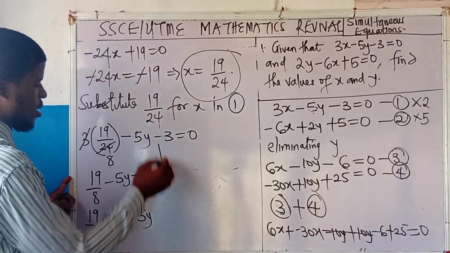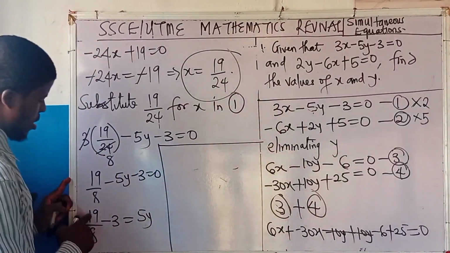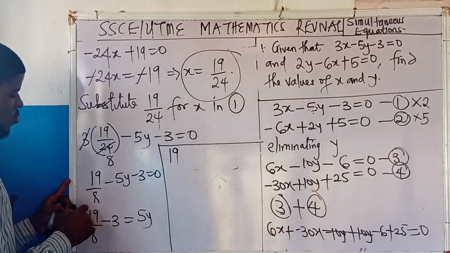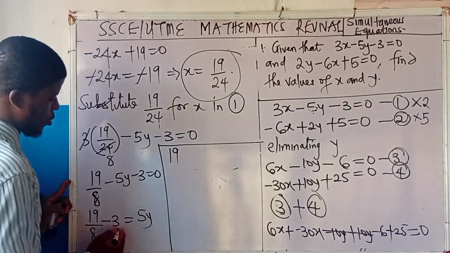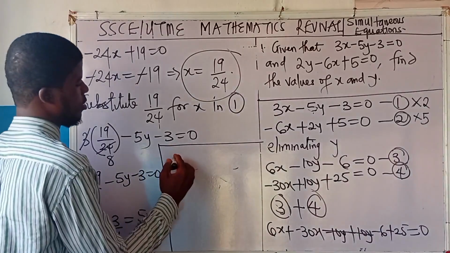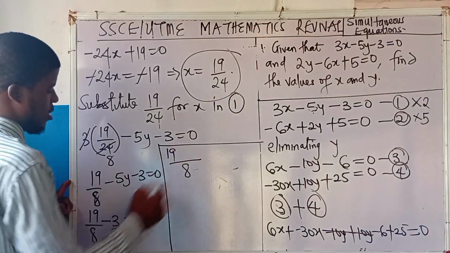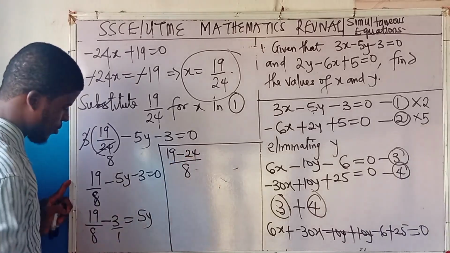Let me simplify the left hand side. This is 19 over 8. Actually, to simplify this in one step without doing LCM, I'll just say, since this is over 1, put down the 8 there, then write your 19. Then use this 8 to multiply 3, and that's 24.